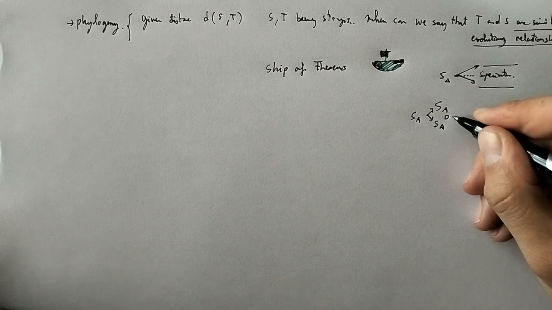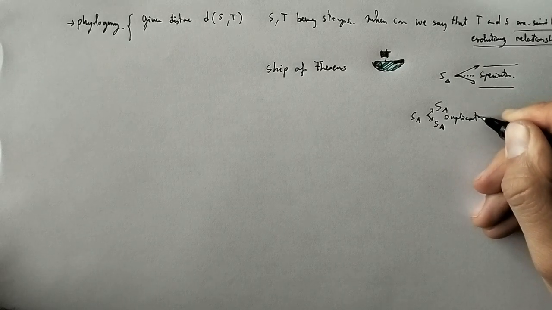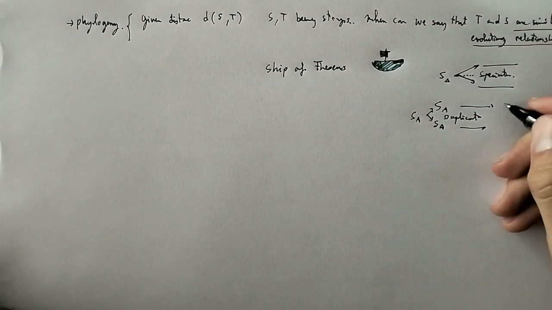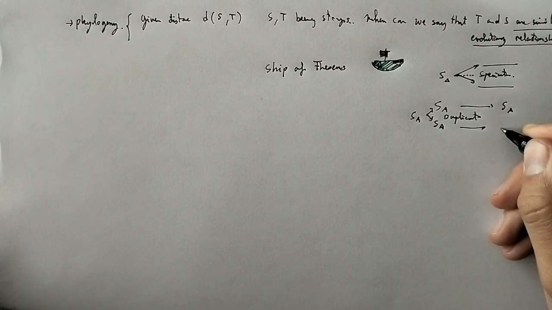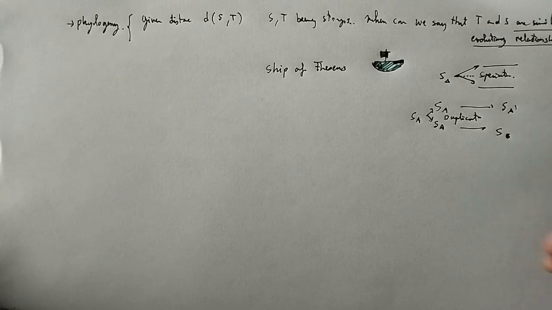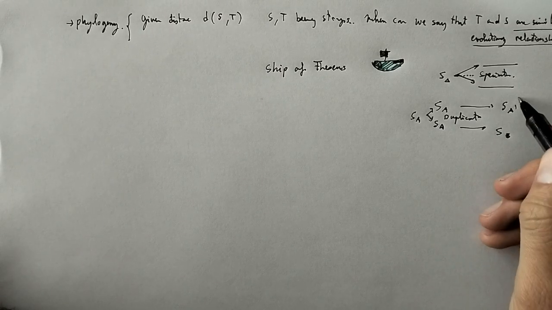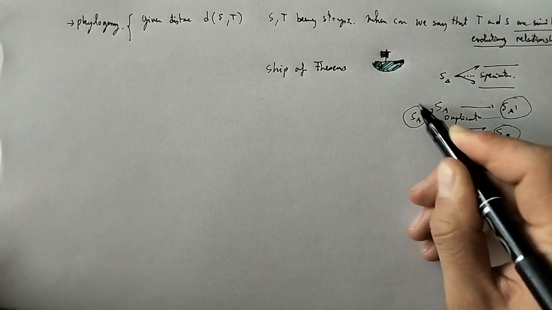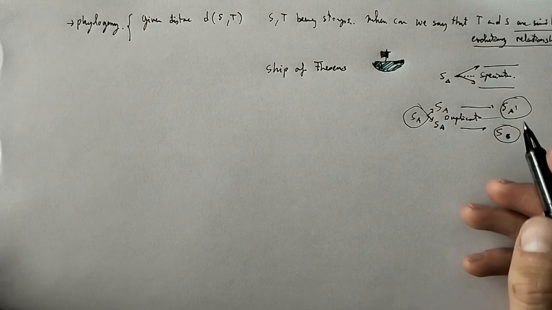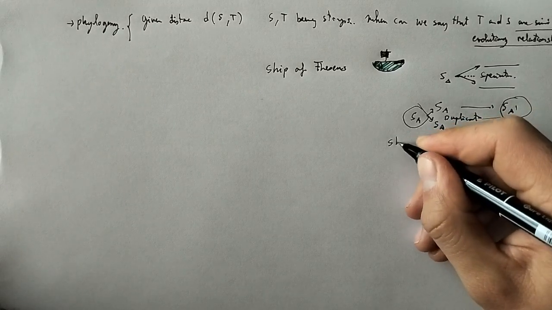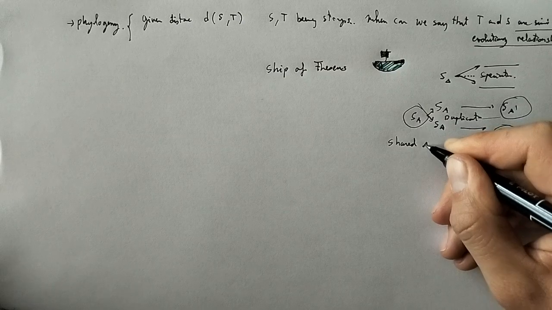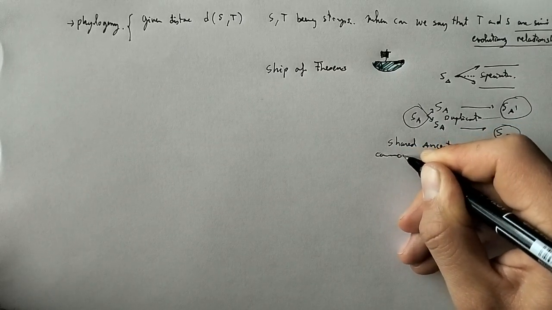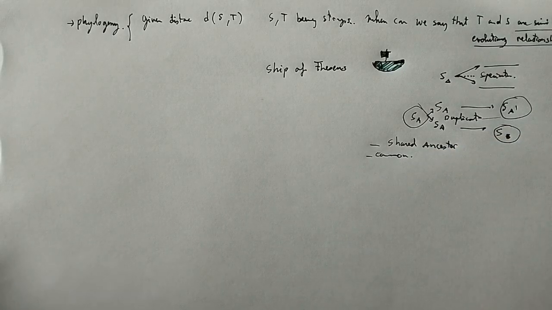So here we have some kind of duplication, and then we have accumulation of mutations, and the idea will be that after some time here we have SA and here we have SB, or SA prime SB, and the idea is to see if we have any kind of relationship between the two, if at some point we have some kind of common ancestor. Okay, so shared ancestor or common ancestor. Okay, this is the main idea.